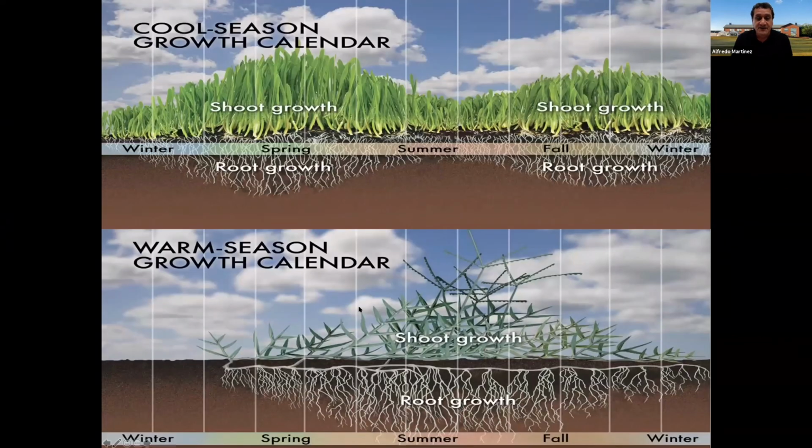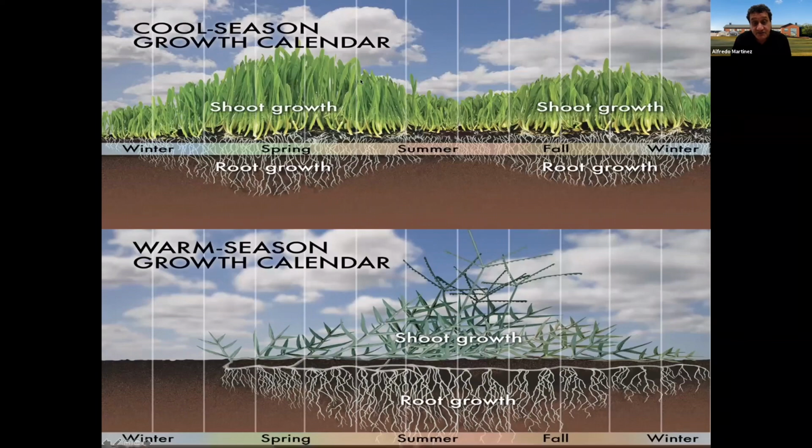Cool season: right now, if you're managing tall fescue, this is the time to do some preparing. And if you're managing Bermuda grass, zoysia grass, centipede grass, and St. Augustine grass, this is the time that is more critical in order to have a good summer.